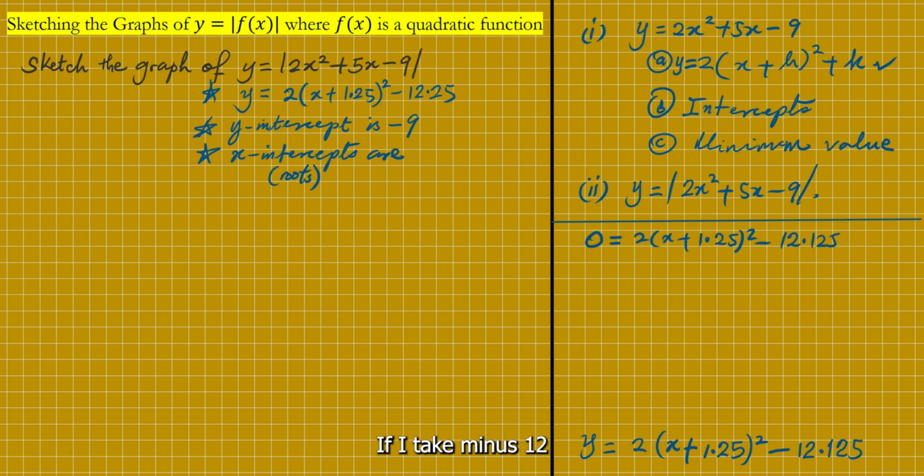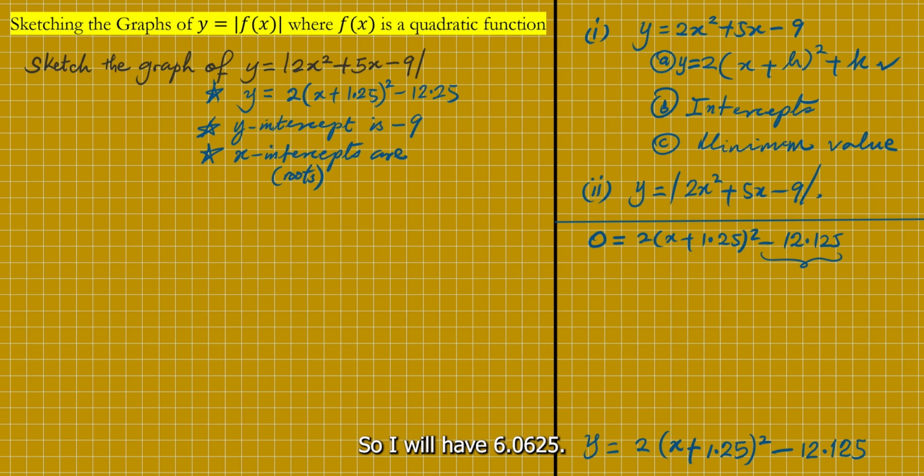Okay, if I take minus 12.125 to the other side, I divide by 2. So I will have 6.0625 equals x plus 1.25 all squared.